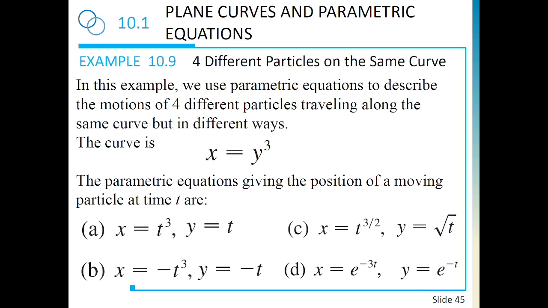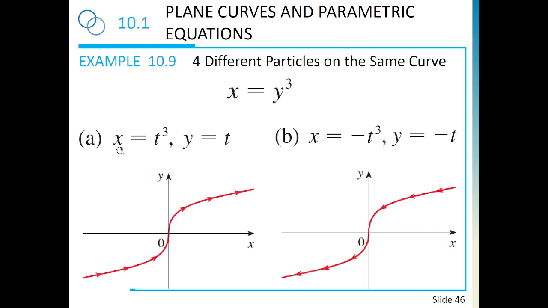So let's see the shape of it, just quickly. Our first one, y equals t and x equals t cubed, is this shape here. Essentially it looks like the third root, right? And it is traversed from left to right. If I plug in y equals minus t, then x is minus t cubed, so it still respects this Cartesian expression.